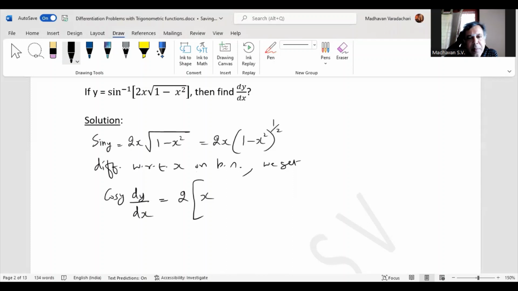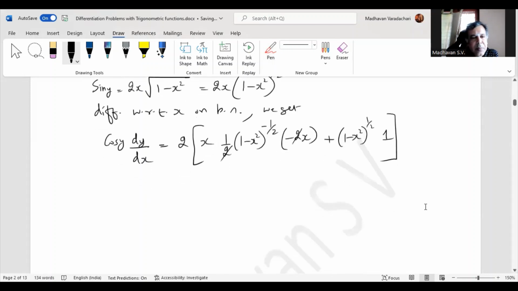So u dv by dx is half times 1 minus x square to the power of minus half, and then inside we differentiate 1 minus x square, which gives minus 2 times x. This 2 and this 2 get cancelled, plus 1 minus x square to the power of half times the derivative of x, which is 1.